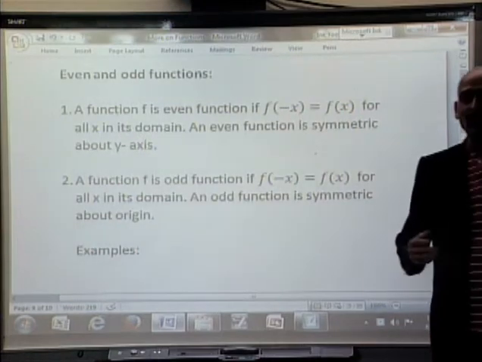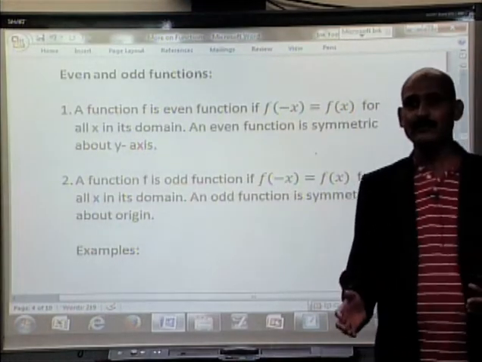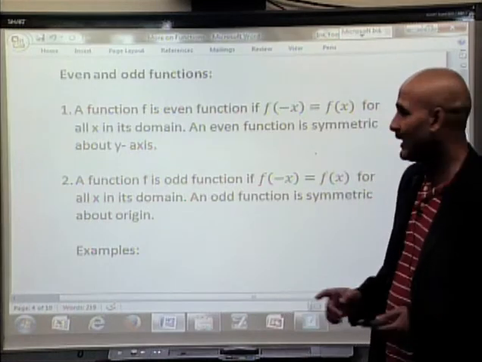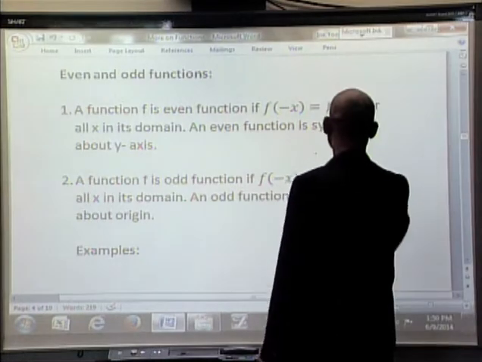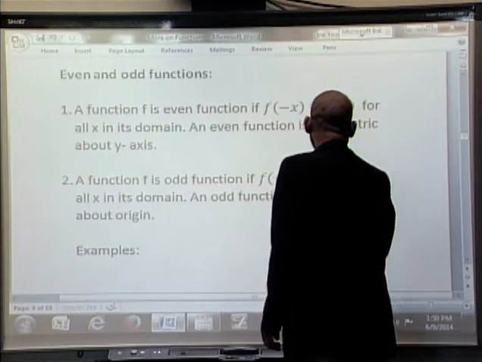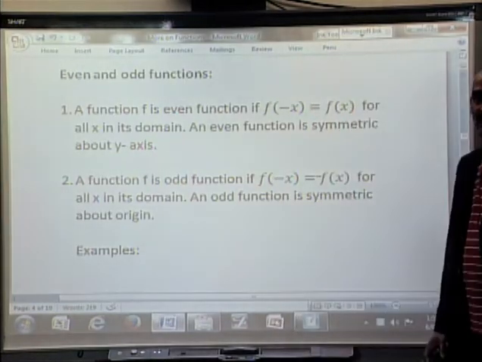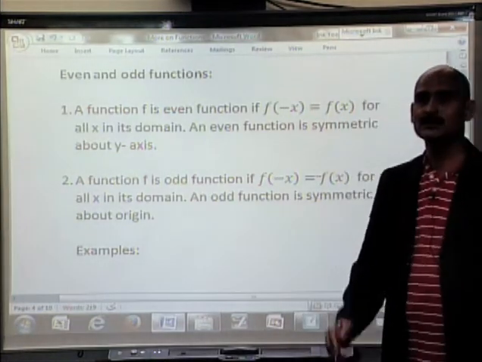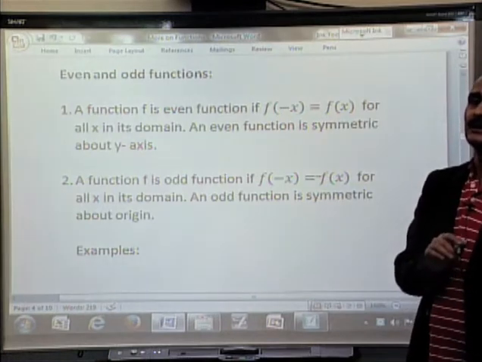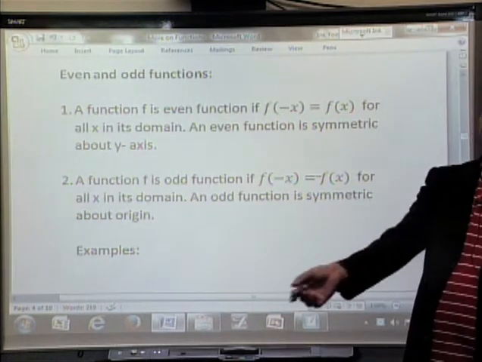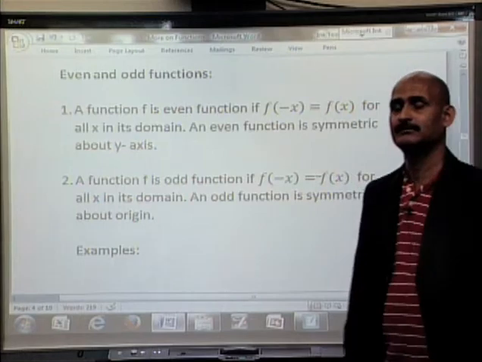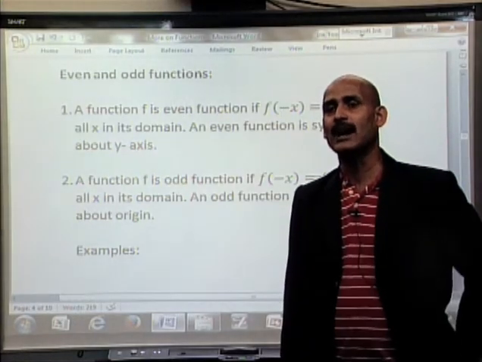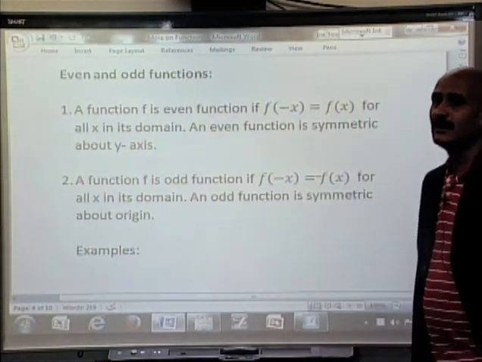Now, a function is an odd function if f of negative x equals negative of f of x. If the negative sign just comes outside, that kind of function is called an odd function.